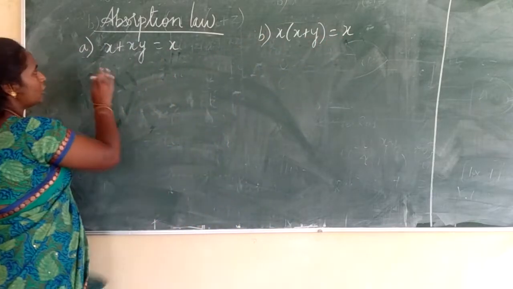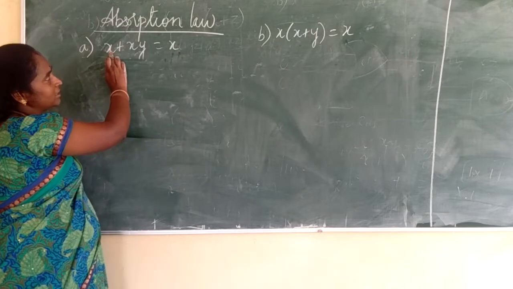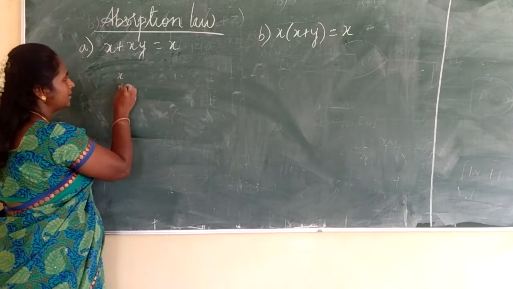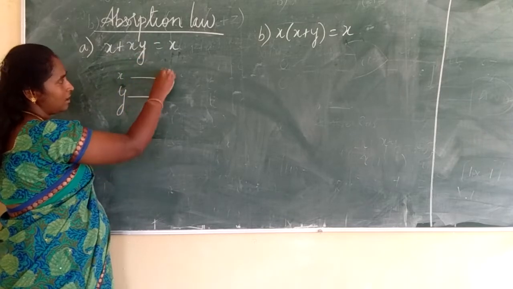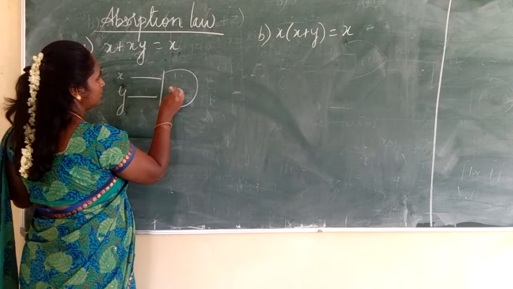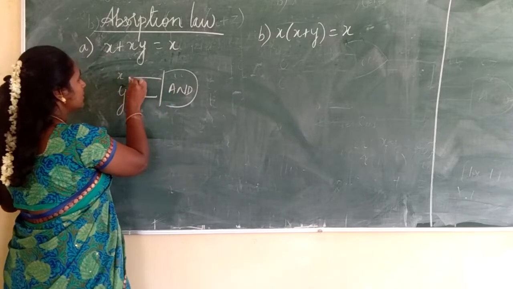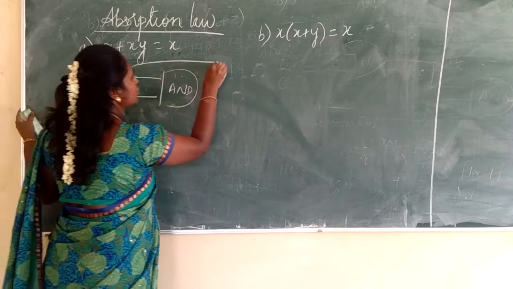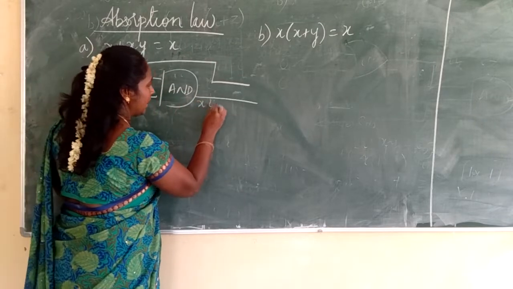First we will draw the logic diagram of this particular thing. How many inputs are here? It is x and y. So x, y. These two should be ANDed using your AND gate. Whatever comes from x and y is nothing but xy.